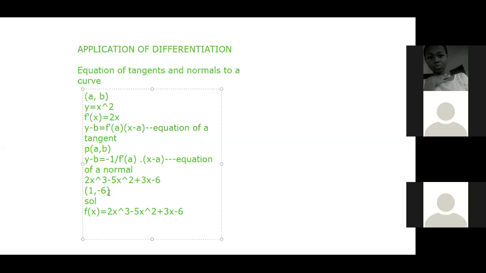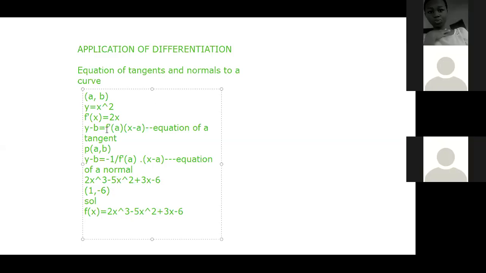Now, that's the equation we are going to use. We first have to find the differential of the equation, that means f prime. So 2x cubed will give us what? We are differentiating with respect to x.